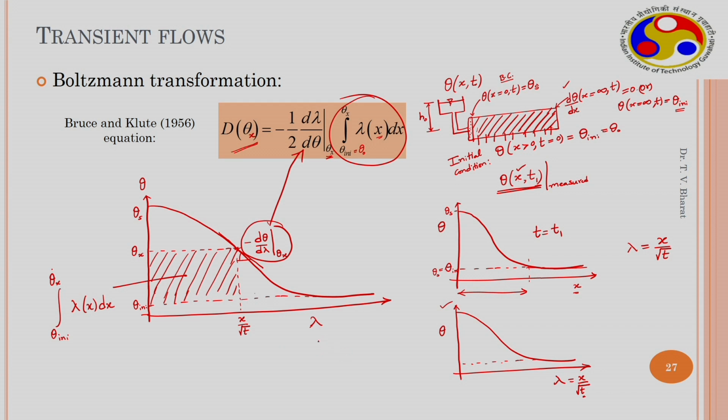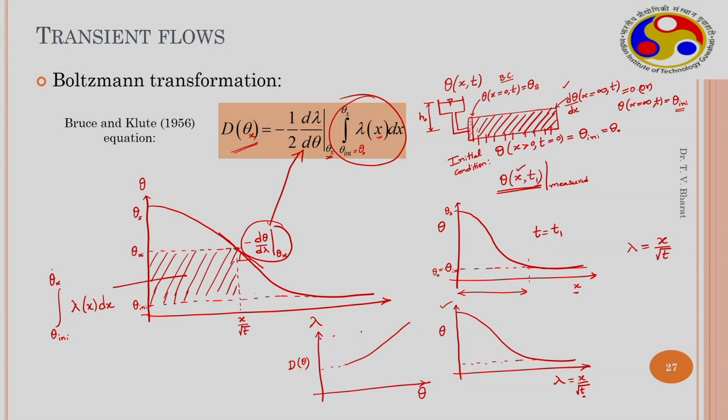So, if we plot that, on the y axis you can plot d theta or simply d, and on the x axis you can plot theta, and theta varies from theta initial to theta s. As theta increases, the d theta value increases like this.